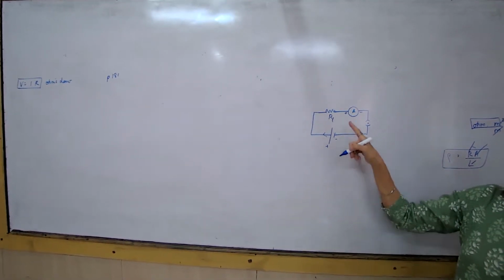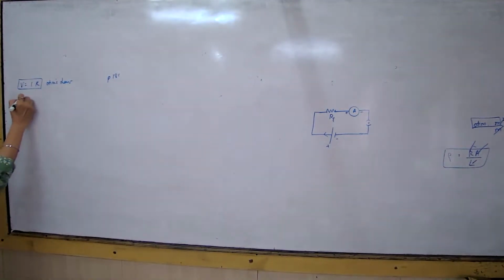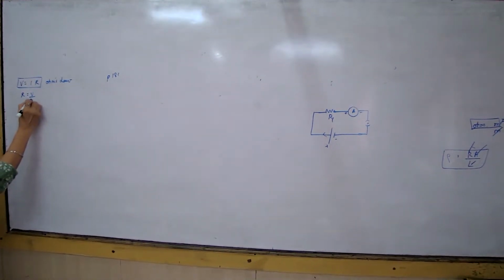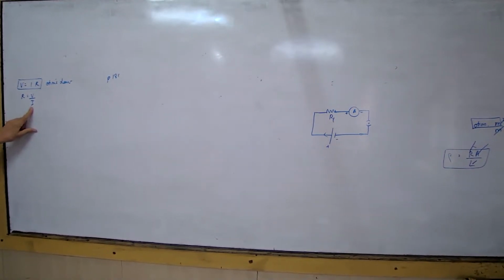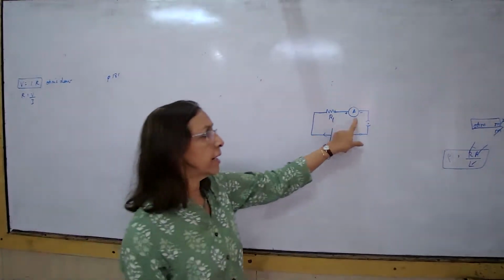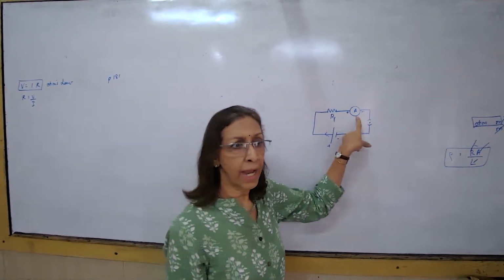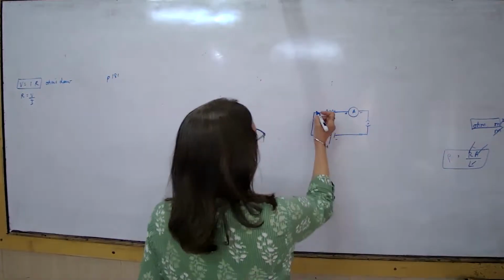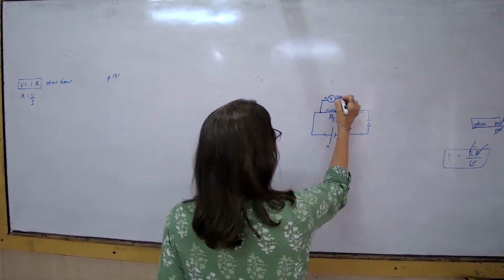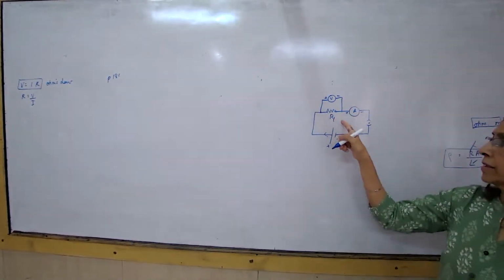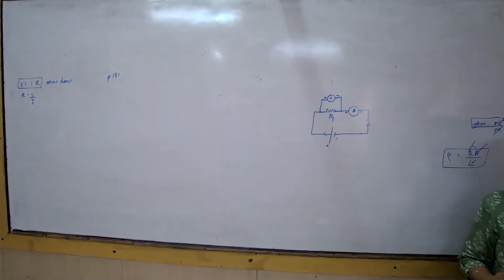If I want to find out R, I also want to know V and I. I can find I because the ammeter is connected. How will I find V? I need a voltmeter, and the voltmeter is connected in parallel. This is a simple circuit with only one resistor.